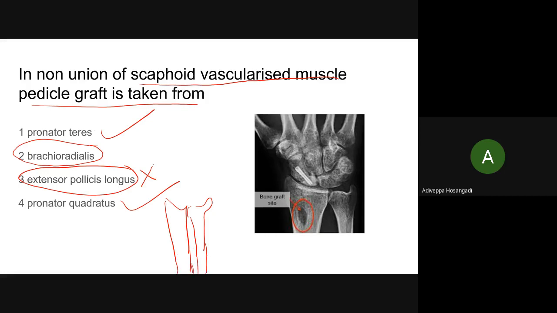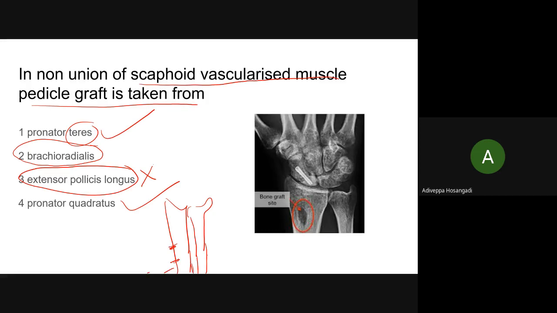I did explain the position of the forearm in a fracture of both bones. Pronator teres, where does it come? In the middle part of the radius.